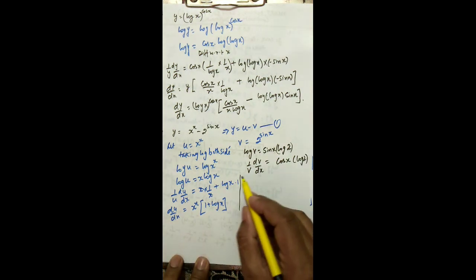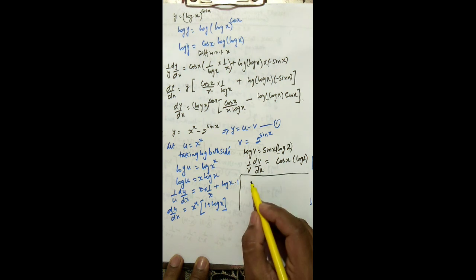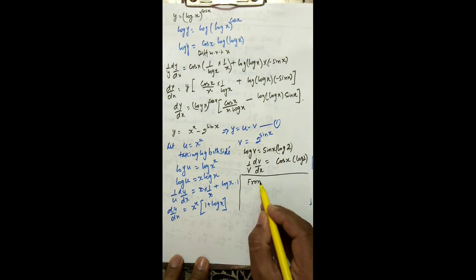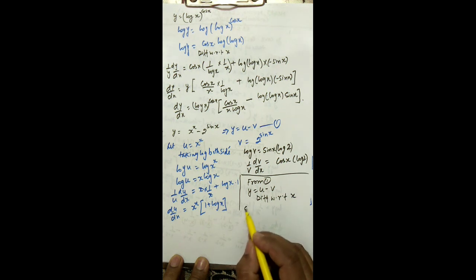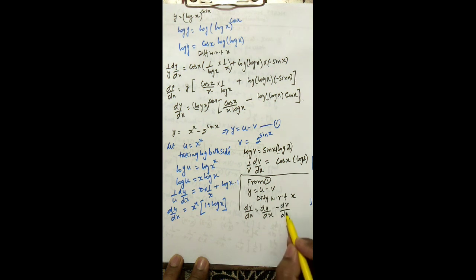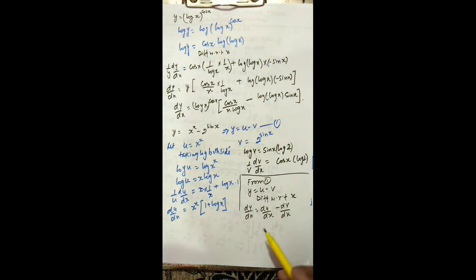Now from 1 we have y equal to u minus v. We again differentiate with respect to x, so dy upon dx equals du upon dx minus dv upon dx. Just substitute the values.